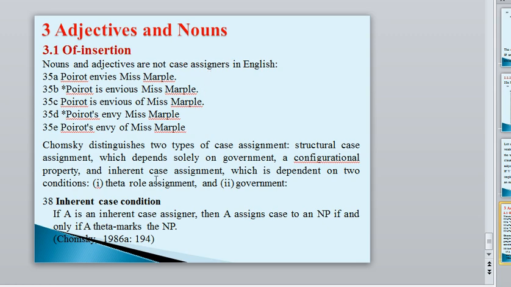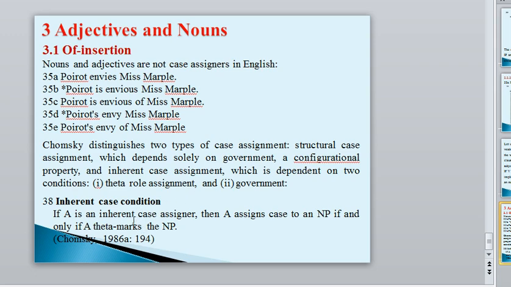So Chomsky distinguishes two types of case assignment: structural case assignment, which depends solely on government, a configurational property, and inherent case assignment, which is dependent on two conditions: theta role assignment and government.